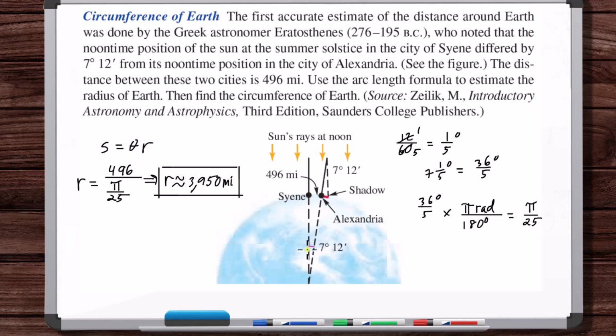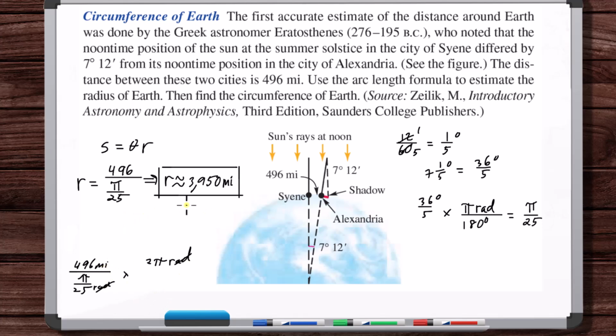So we could convert that to, okay, what arc length is 2 pi radians, right? You see what I mean? So we know that there's 496 miles for every pi over 25 radians. So what would a full rotation correspond to? And now we're in miles, and that would give us the answer.